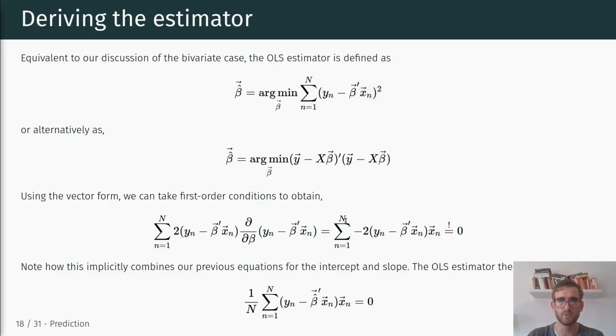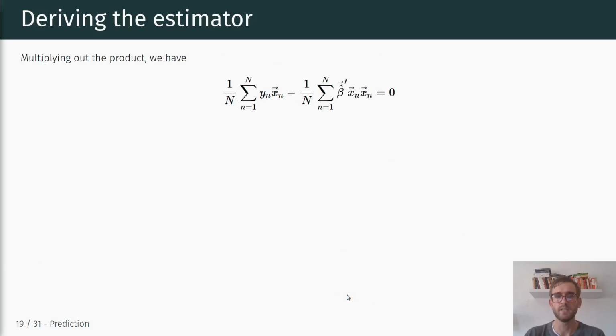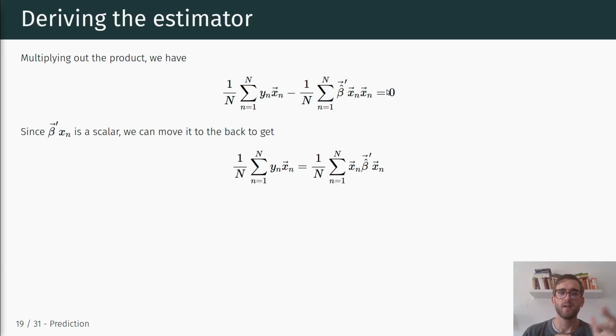So this is just multiplying out this product and then separating these sums, and that has to be equal to 0, okay?